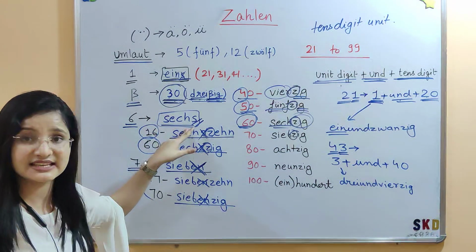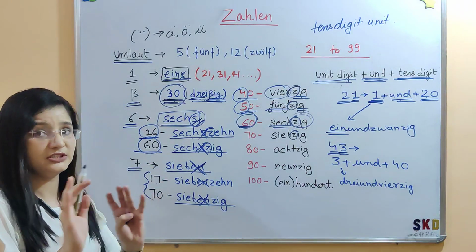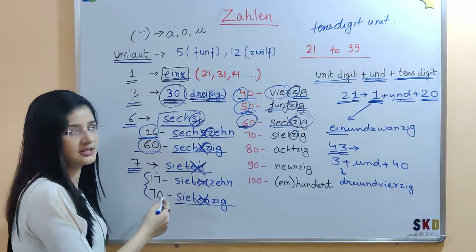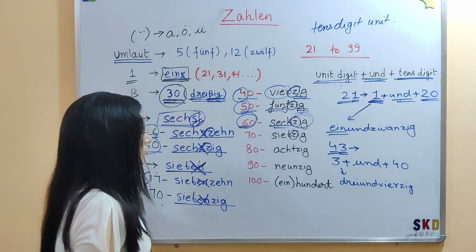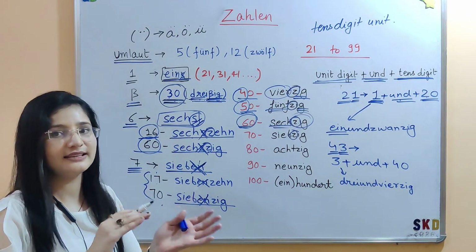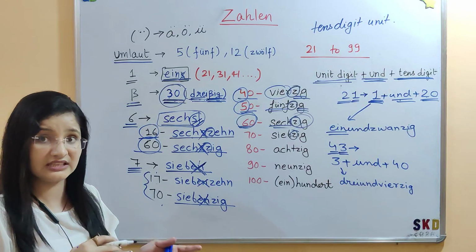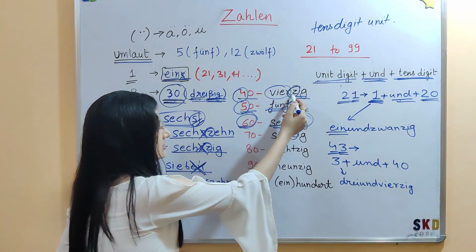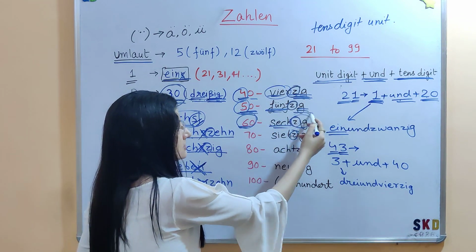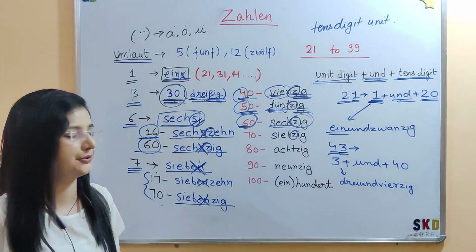Next was 6, sechs. This S is not there in 16 and 60. Everywhere else it will be there. 7, sieben: this en will not be there in 17 and 70. After that, for 40, 50, 60, just add zig, like in English we add T. So vier plus zig, fünf plus zig, sechs plus zig, sieb plus zig, acht plus zig, and so on.